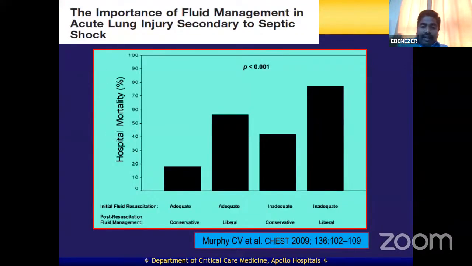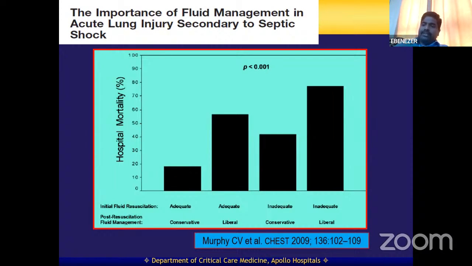And now this is a very, very important slide. See, hospital mortality is there in the y-axis. And here the type of fluid resuscitation is there in the x-axis. Now, if your initial fluid resuscitation is very adequate, and post-resuscitation fluid management is conservative, you find that the mortality rate is very, very less. But suppose initially you don't give the patient fluid at all.